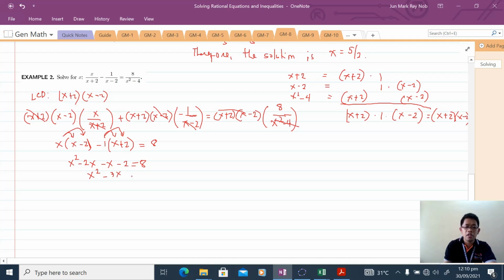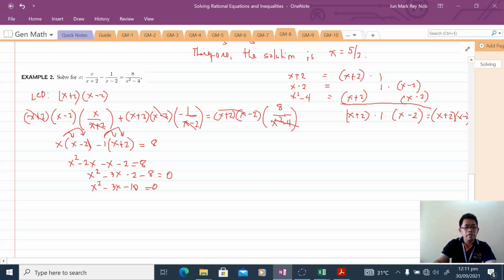We can transfer 8 to the left side and solve for the roots, the values of x. Minus 2 minus 8, so x squared minus 3x minus 10 is equal to 0.